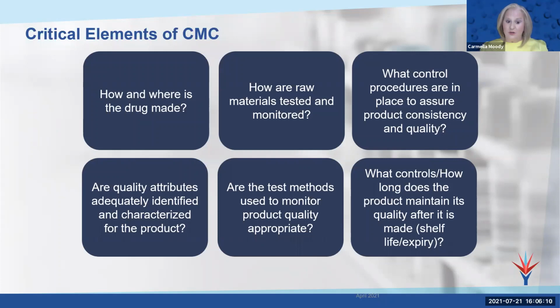You also need to have identified those quality attributes so that you can control them as the product development proceeds, that the test methods that you use to monitor product quality are accurate and appropriate, and also stability. So what controls and how long does the product maintain its quality?